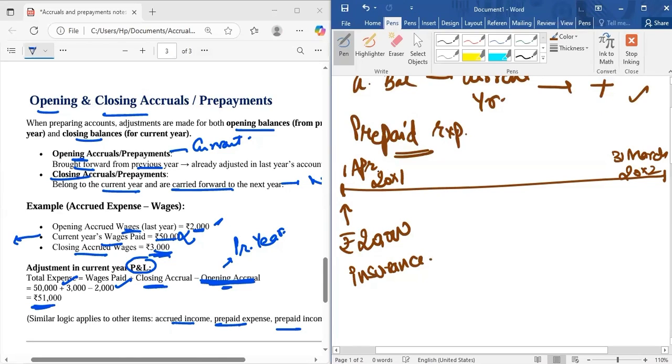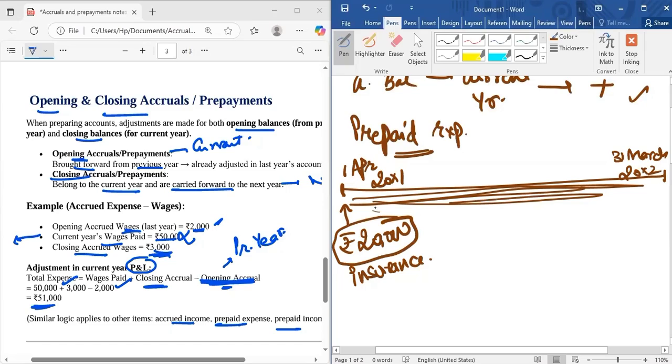I paid it for the entire year. So this is my opening balance of rupees 20,000, paid for the entire year, from 1 April 20x1 to 31 March 20x2.